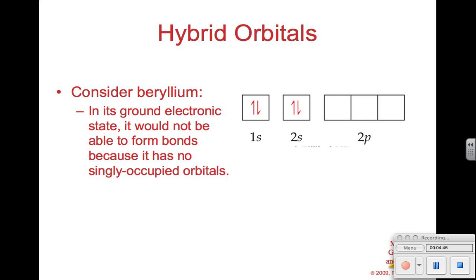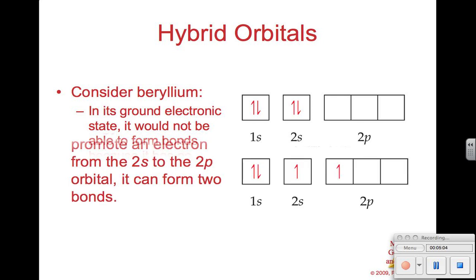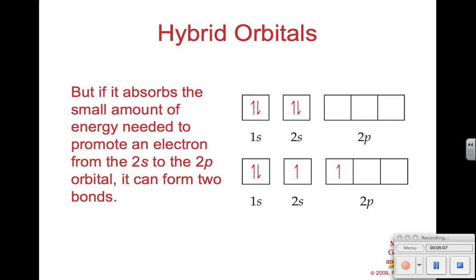And so we have to explore, they must be occupying orbitals singly rather than be paired up, or else there would be less need for them to form bonds. In the ground electronic state, it would not be able to form bonds because it has no singly occupied orbital.